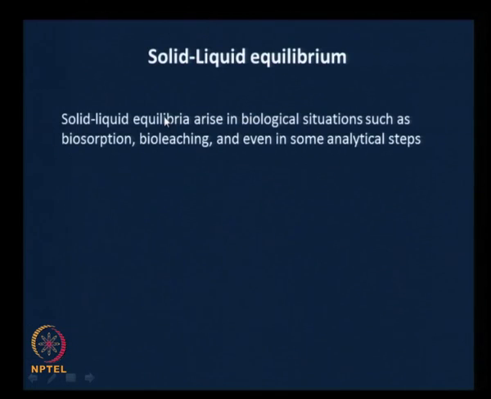We said that you could have a solid phase and a liquid phase, and a component distributing between the solid phase and liquid phase in equilibrium, and we gave some examples such as biosorption.